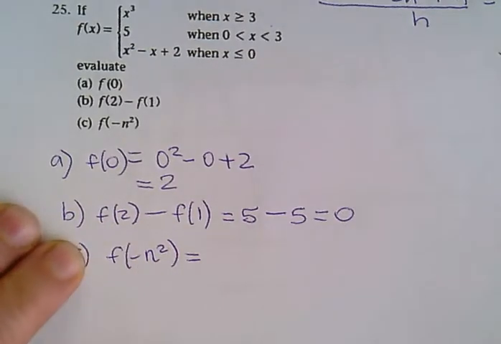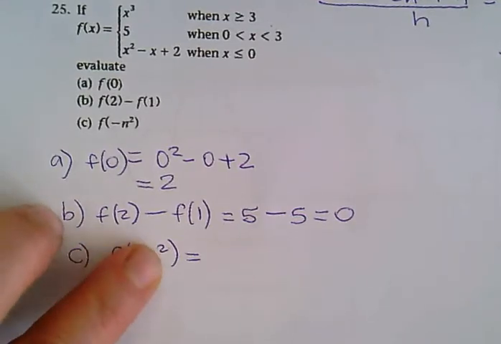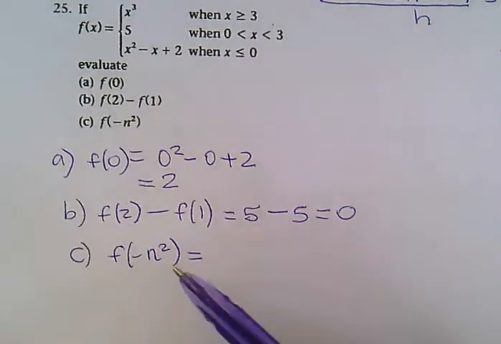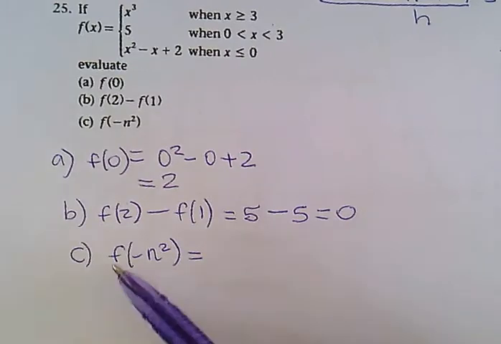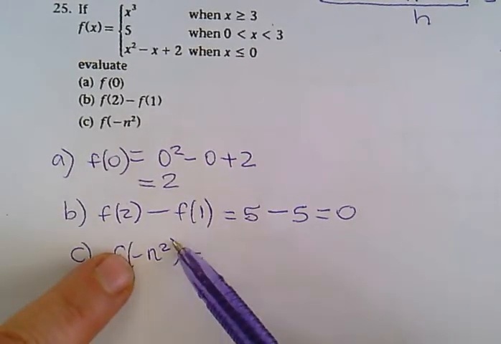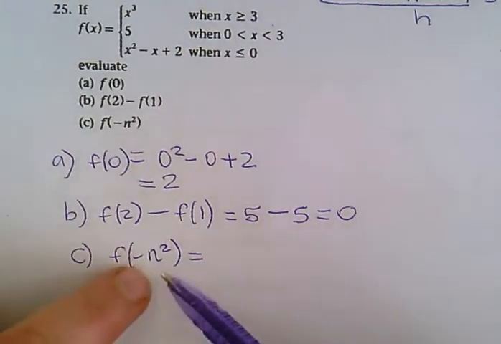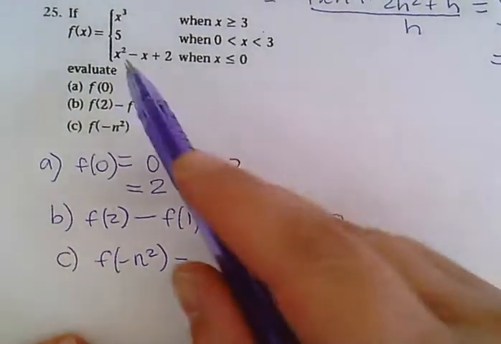And then you throw a negative out the front. Okay? So this one will always have a negative value no matter what. If n is positive, I still get a negative. If n is negative, like negative 2 squared is 4, and then I throw a negative in front of it, that's negative 4. So this is always negative, so it's got to be the last one.